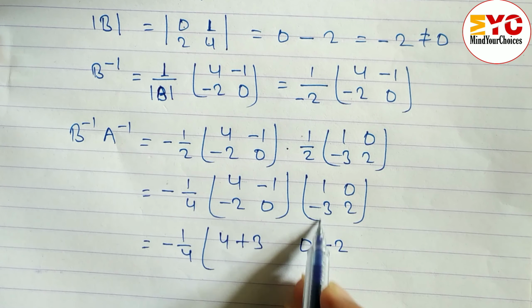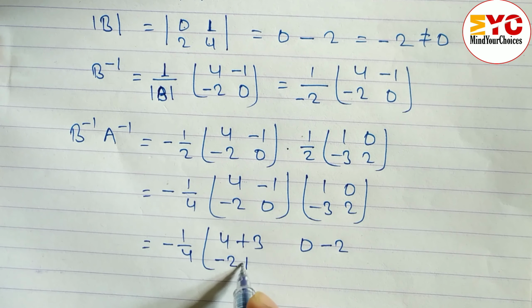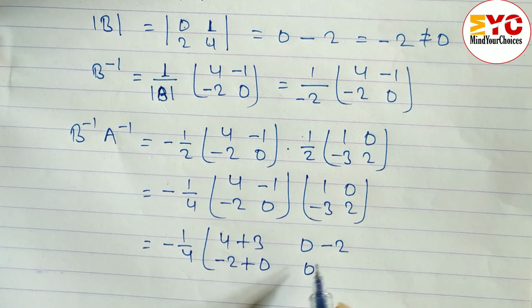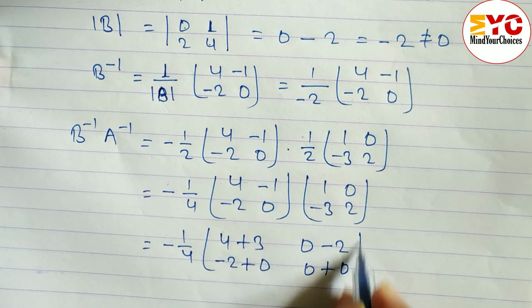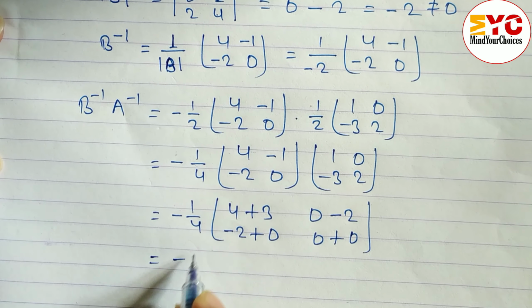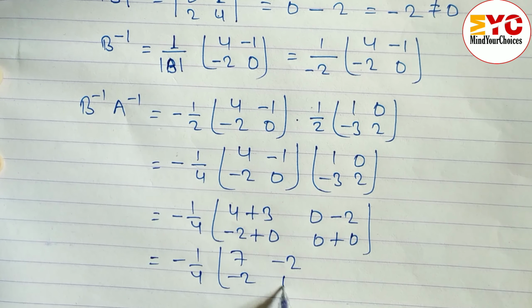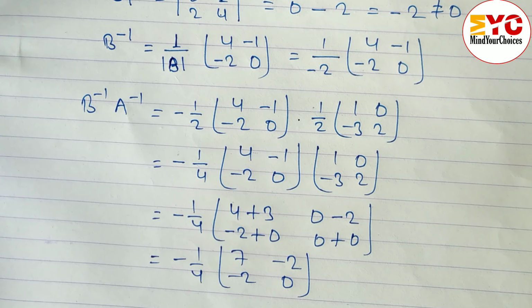Second row first column: minus 2 into 1 is minus 2, plus 0 into minus 3 is 0. Second row second column: minus 2 into 0 is 0, plus 0 into 2 is 0. So we get minus 1 by 4 times the matrix 7, minus 2, minus 2, 0. This is the value of B inverse A inverse.